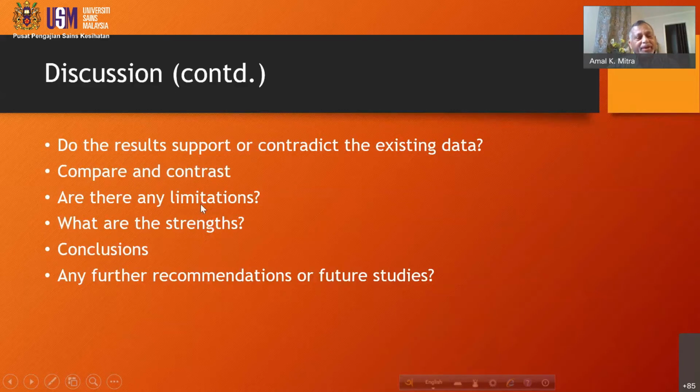It is always good to have a section of limitations of your study, but not too many. Remember, if you dig out your weaknesses too much, reviewers say, no, this is not publishable data. Okay, so make it simple, but don't forget that's an important area. Also, you can mention about your strengths.